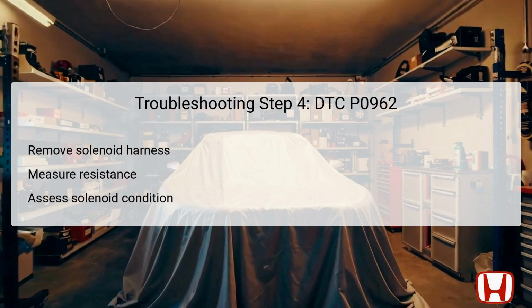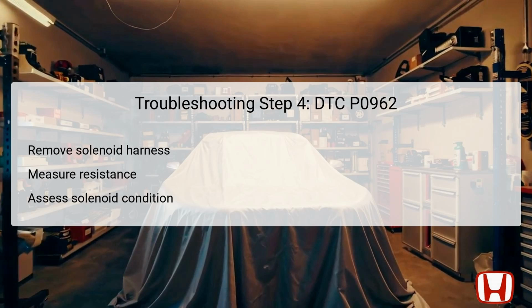The final step in troubleshooting the DTC P0962 requires examining the CVT drive pulley pressure control solenoid valve. Begin by disconnecting the solenoid wire harness to facilitate accurate measurement and ensure safety during testing. With the solenoid wire harness and valve disconnected, measure the resistance between the designated test points.